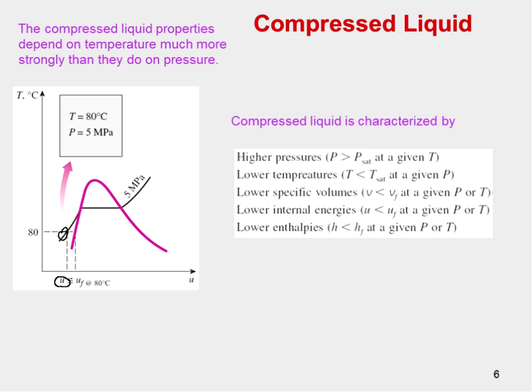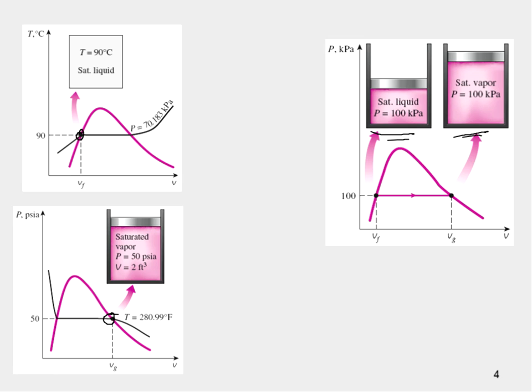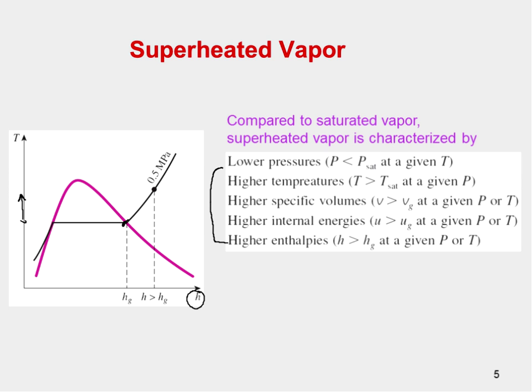So you can find the internal energy. You can find the enthalpy, which we'll define in a moment. These are just examples. And then we have the specific volumes. So the notation in this class is very important, as you can see.